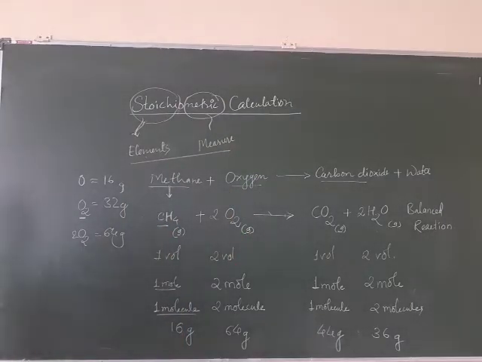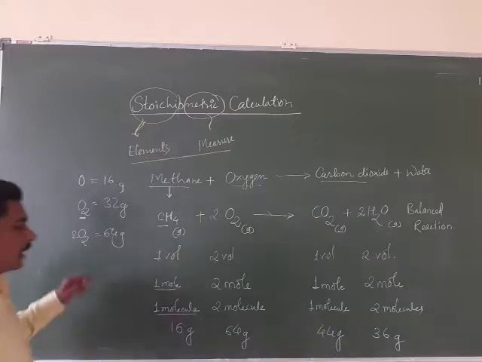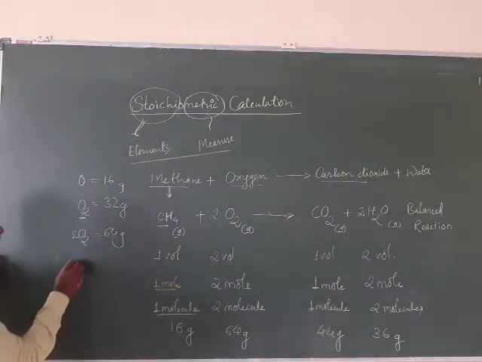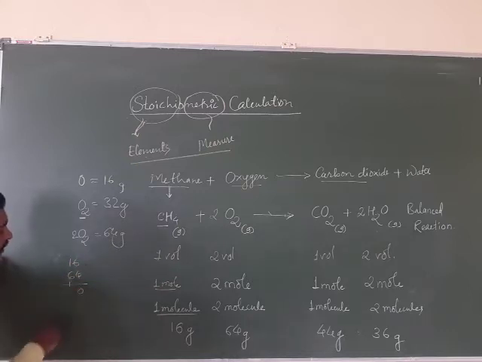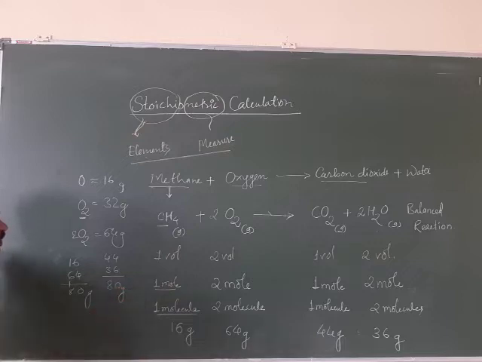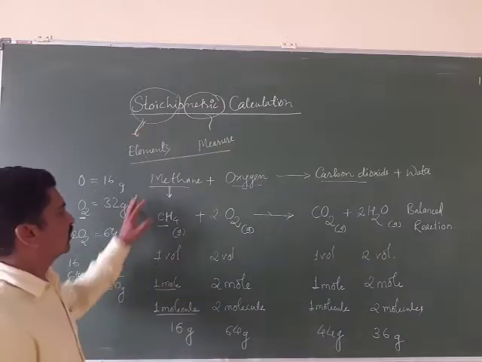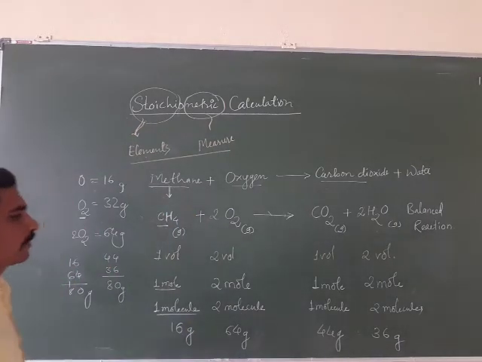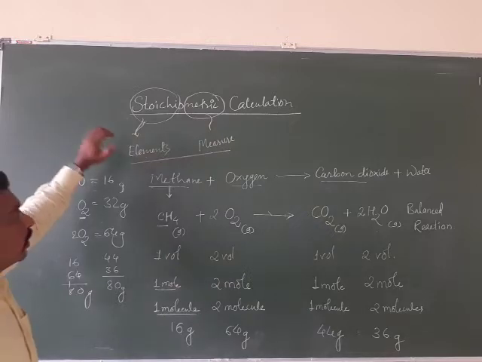If you look at the values of mass, 16 plus 64 is 80 gram, and 44 plus 36 is also 80 gram. So the law of conservation of mass says mass is neither created nor destroyed.